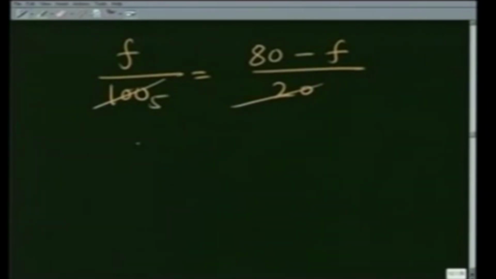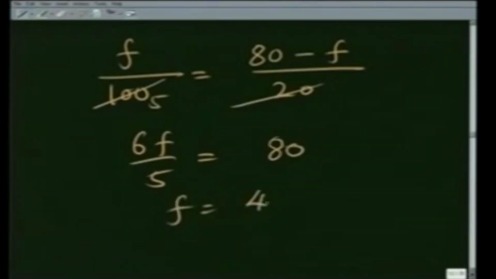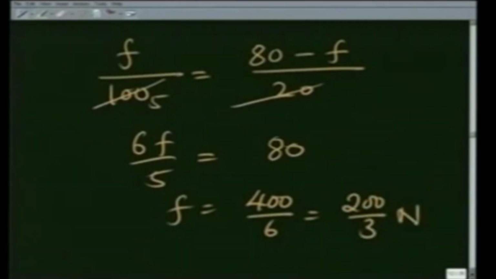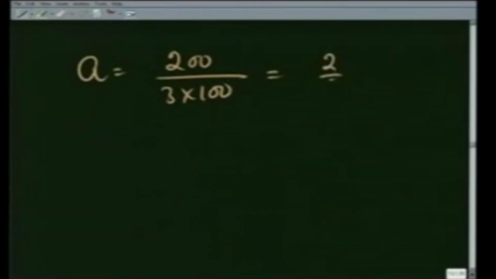That's 5. So, I have F over 5 plus F over 5 equal to 80, or F equals 400 over 6, or 200 over 3 newtons, and that gives me the acceleration A, 200 over 3 divided by 100, equals 2/3 meters per second square.